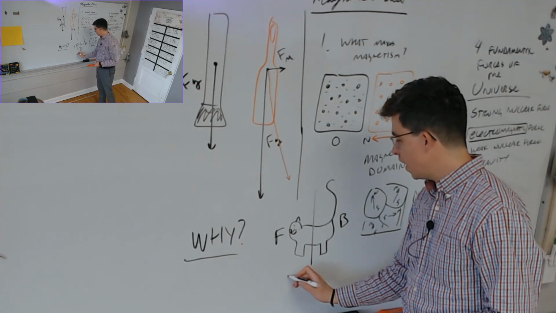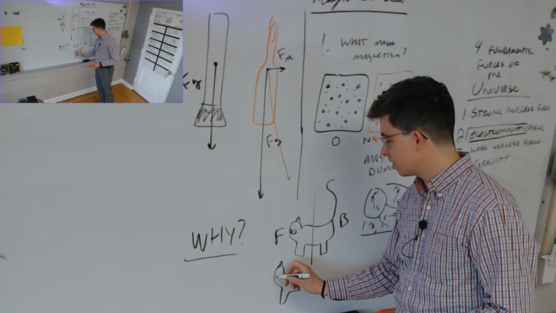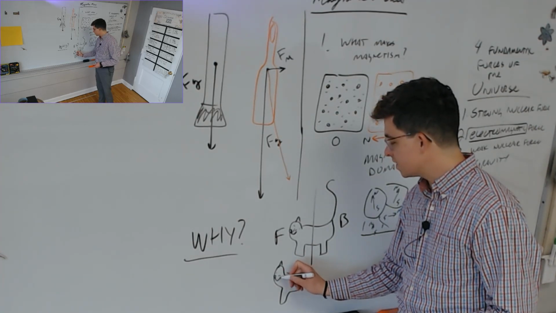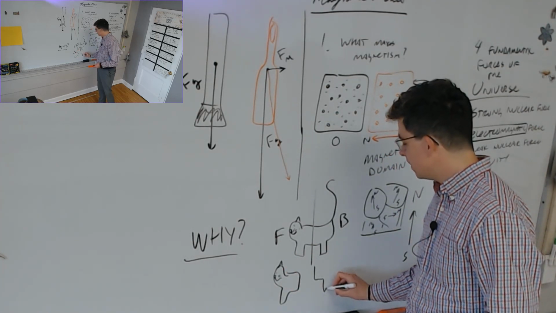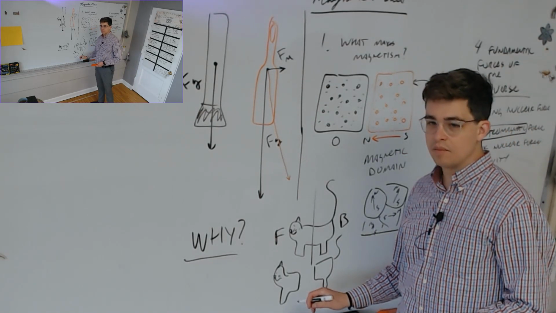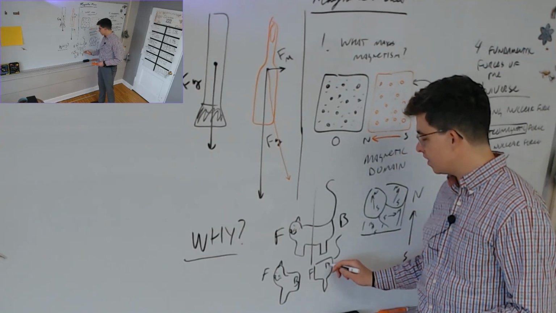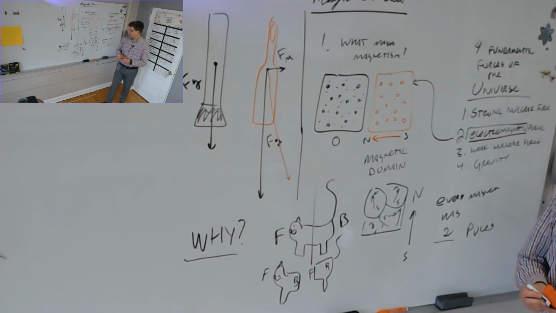Now we have 2 halves of a cat. But guess what? This still has a front and a back, and this still has a front and a back. So it's fine.